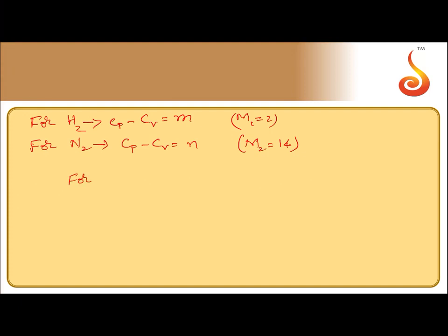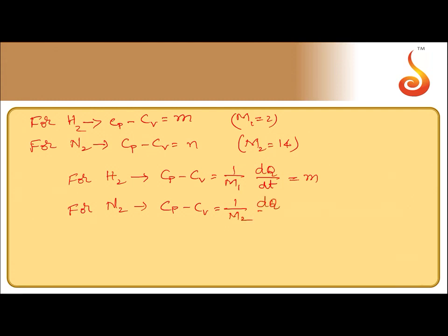Now for hydrogen, Cp minus Cv is equal to 1 by m1 into dq by dt, that should be equal to m. Similarly for nitrogen, Cp minus Cv should be equal to 1 by m2 into dq by dt, that should be equal to n.